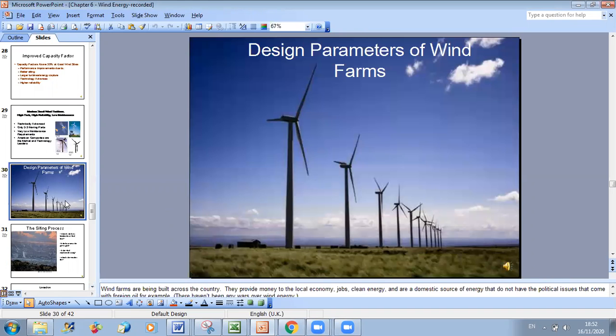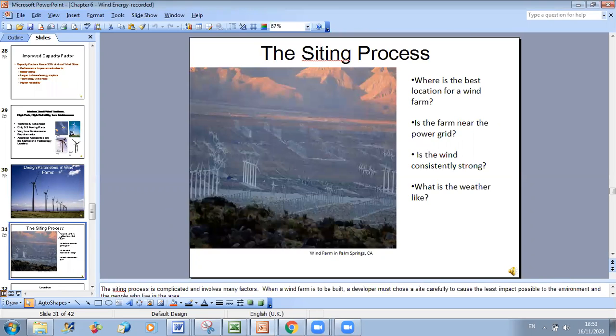So now we will talk about the design of farms of wind turbines. When we want to design a wind farm, we should answer the following questions. First, we should see where is the best location for a wind farm. And of course, when we talk about the location, we should look at many aspects.